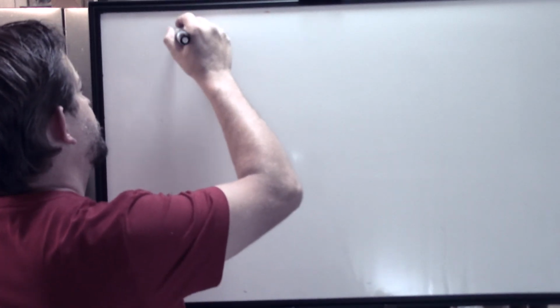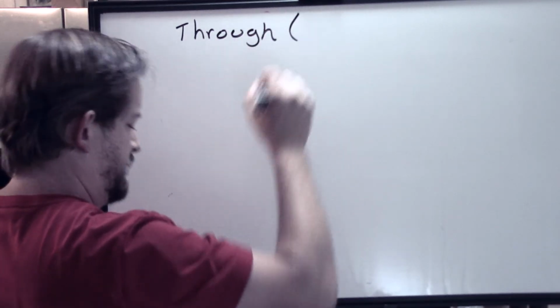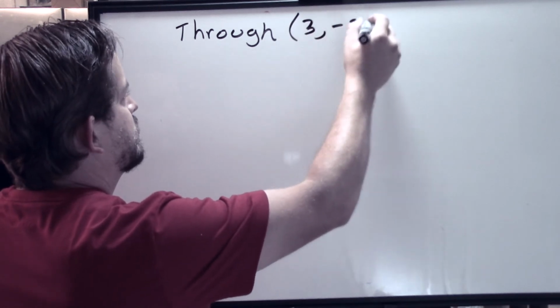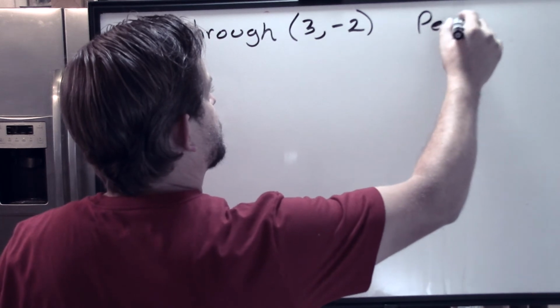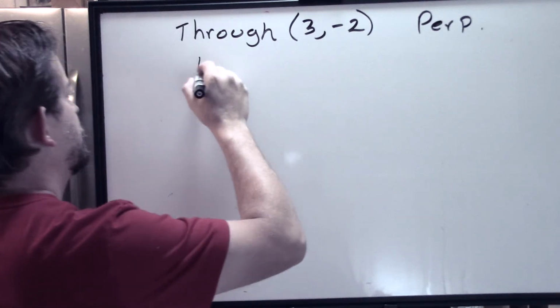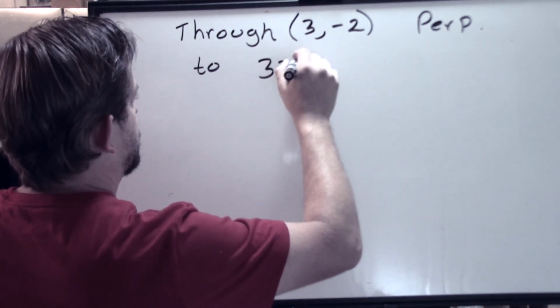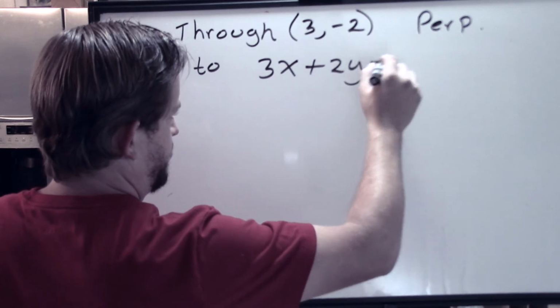The first thing is I want it to go through the point 3, negative 2, and I want it to be perpendicular to the equation 3x plus 2y equals 21.